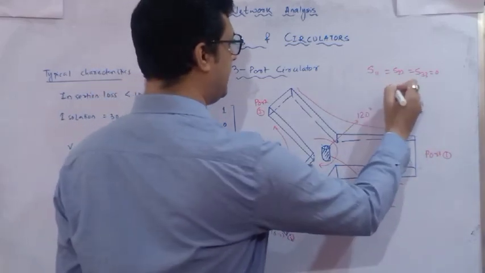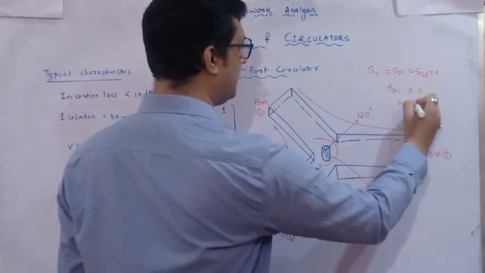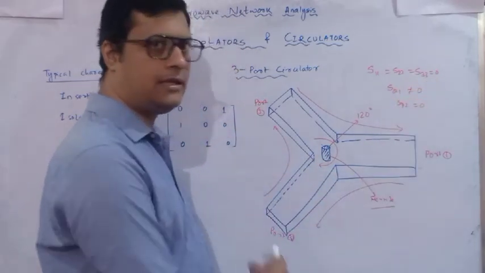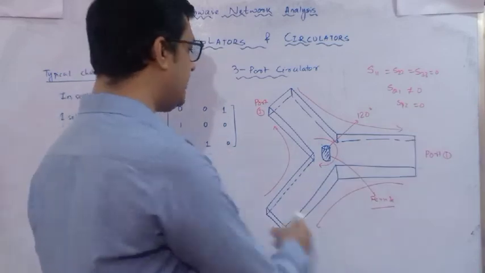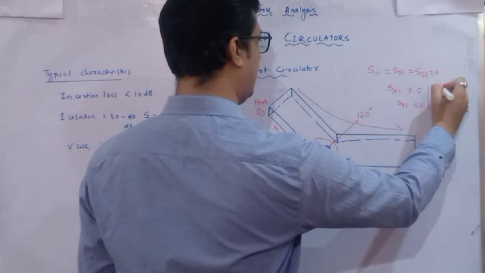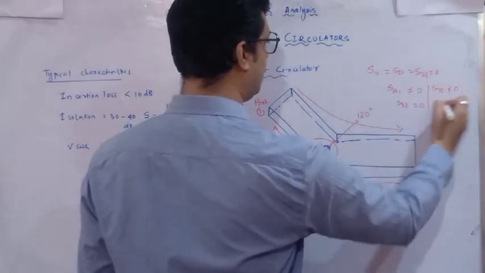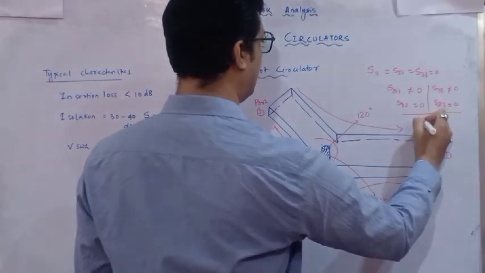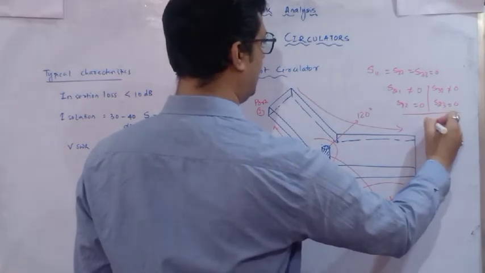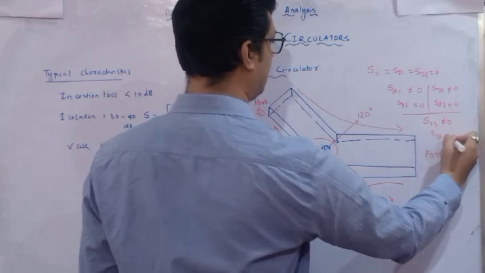So that means S21 is not equal to 0 and S12 is equal to 0. S12 means reflected one. Similarly, S32 is not equal to 0, S23 is equal to 0. Similarly, S13 is not equal to 0, but S31 is equal to 0.